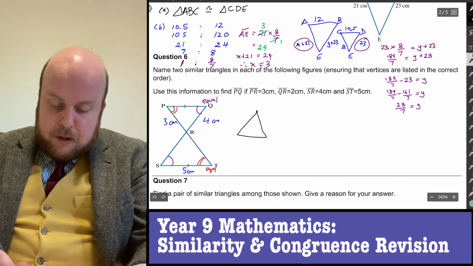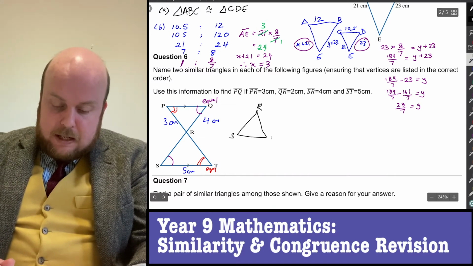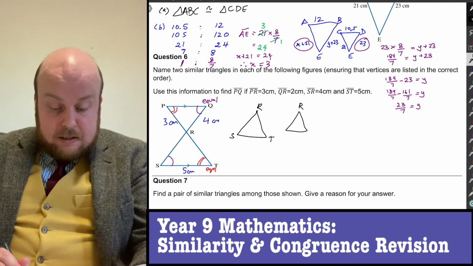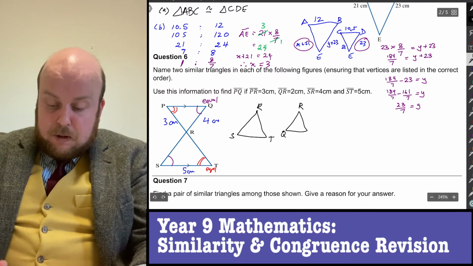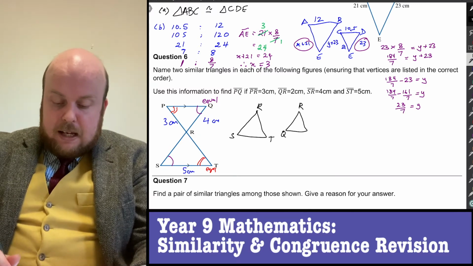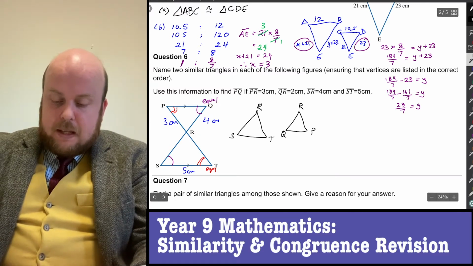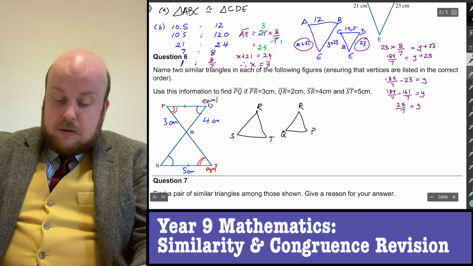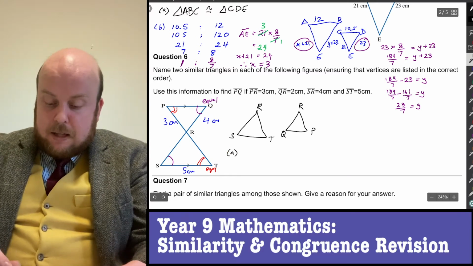So the triangle at the bottom is RST, and then we've got the triangle at the top. Angle S lines up with angle Q, so I'm going to put Q like that. Angle T lines up with angle P, and we've got our two triangles. So we're going to name the two triangles. Again, we have to line up in the correct order.